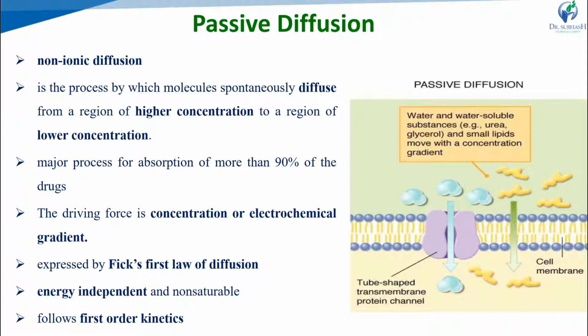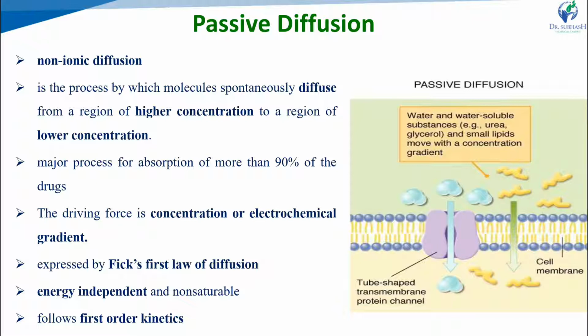The first mechanism of drug absorption is passive diffusion. It is also called non-ionic diffusion. It is a major process for the absorption of all drugs. More than 90% of drugs that cross the cell membrane reach the blood by passive diffusion.